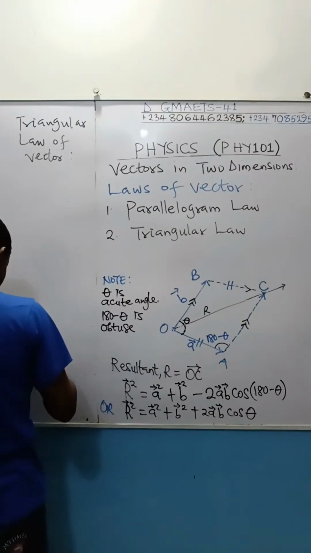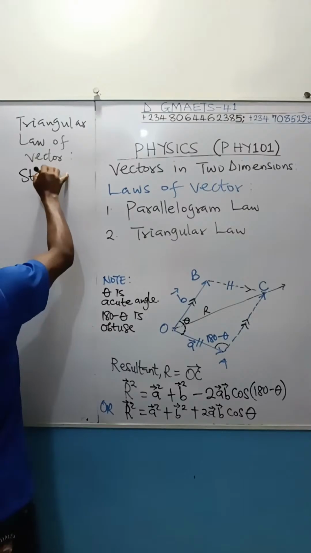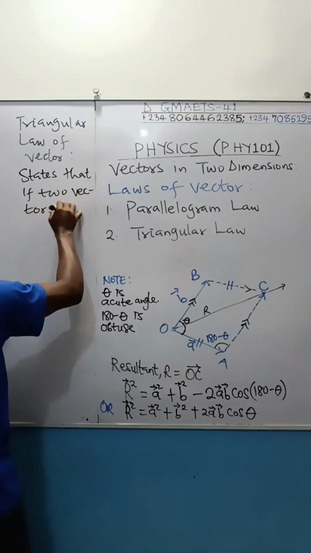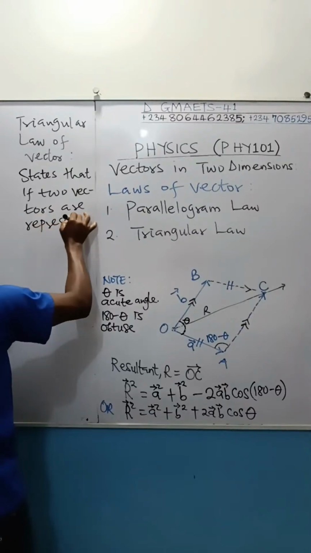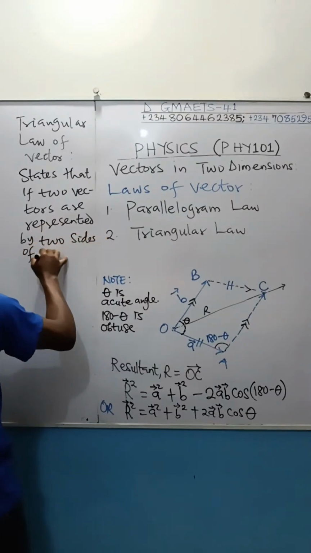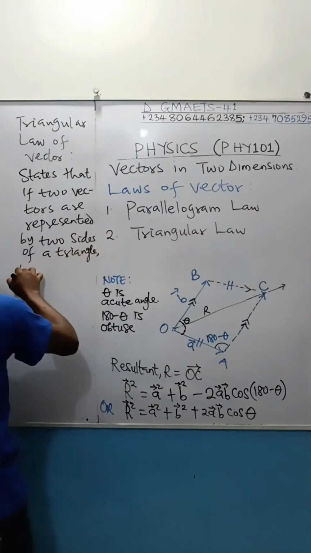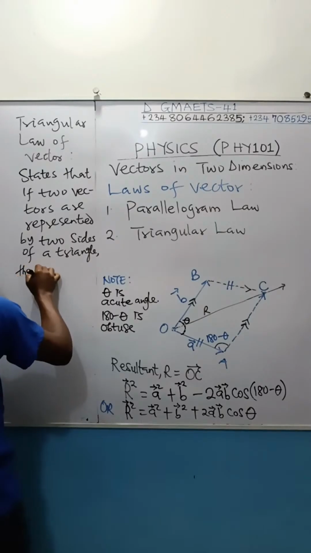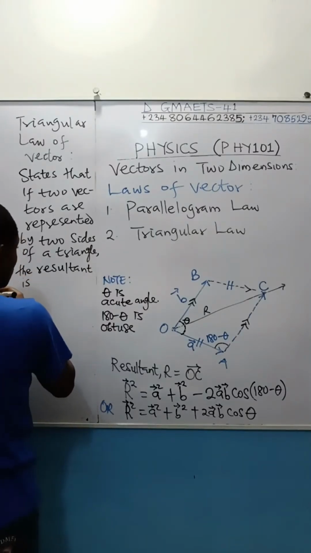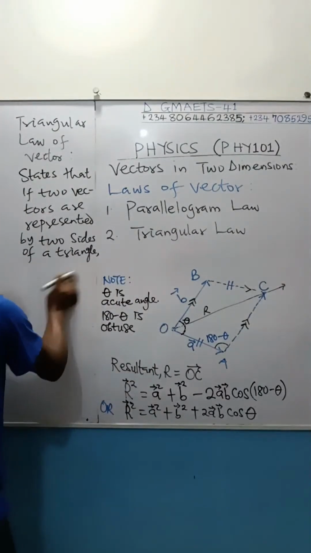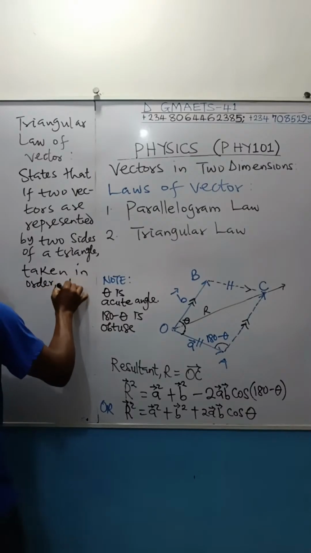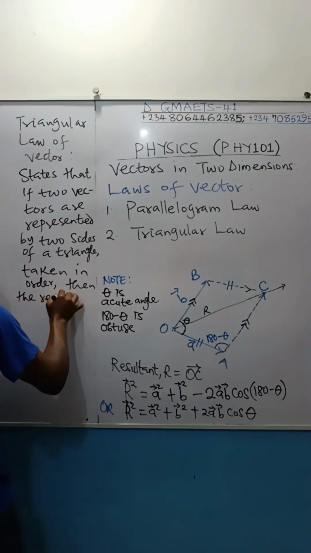It states that if two vectors are represented by two sides of a triangle taken in order, you must take it in order, then the resultant is a third vector.